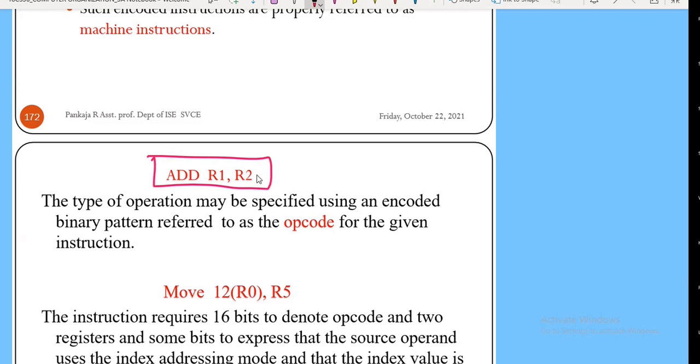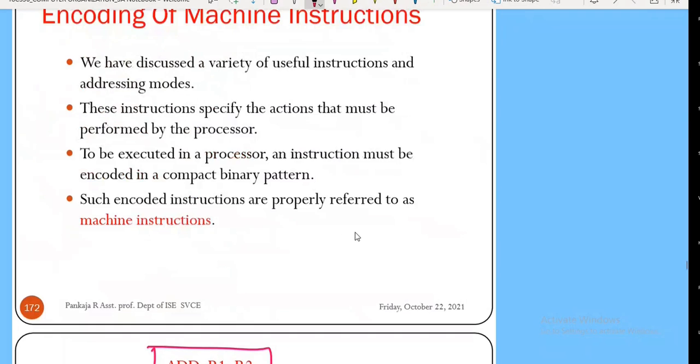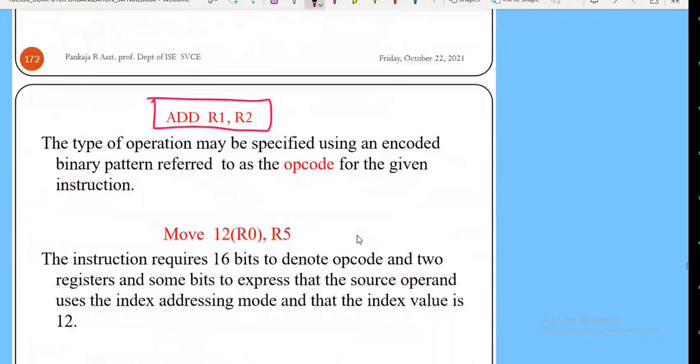If we have the instruction ADD R1, R2, the type of instruction may be specified using an encoded binary pattern called the opcode. Can somebody tell which is the opcode in this instruction? Add.